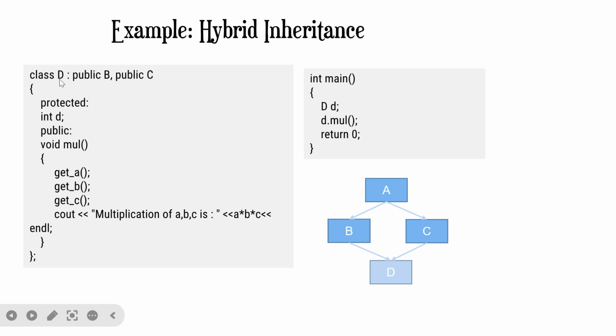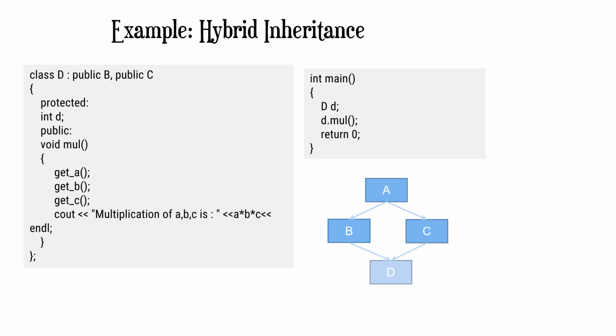Now we consider the D class. For this D class, B and C act as the base classes. The D class has one function named multiplication, in which I am planning to call three functions: get A, the A class function, the B class function and the C class function. In int main, I'm creating the object for only one class, the D class.